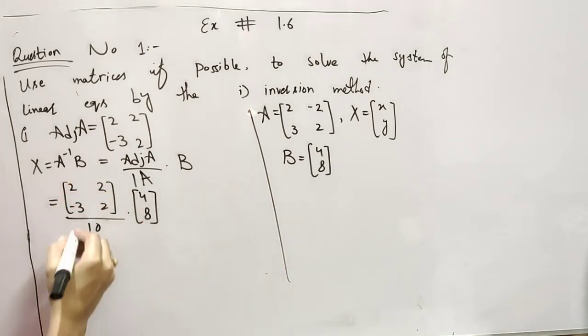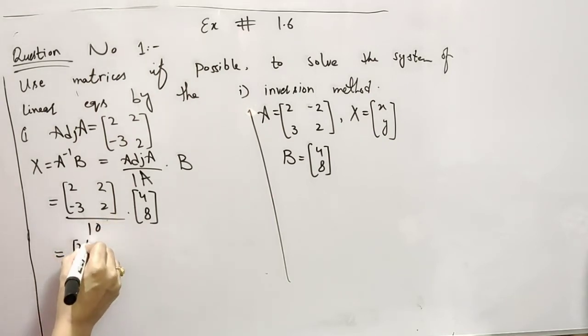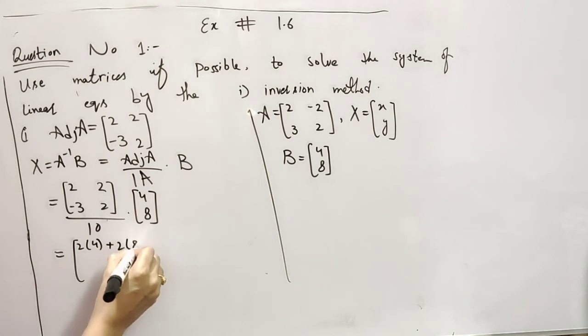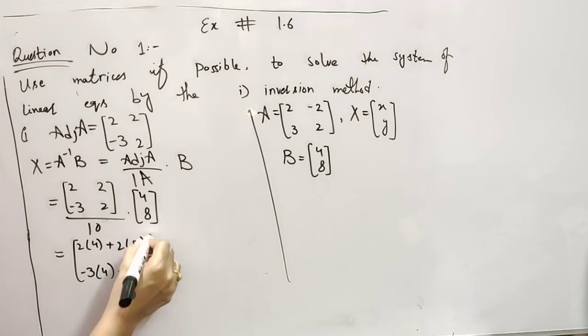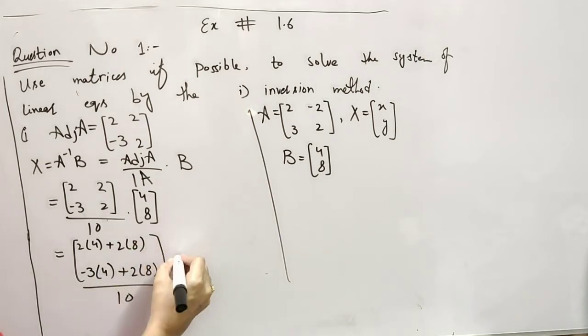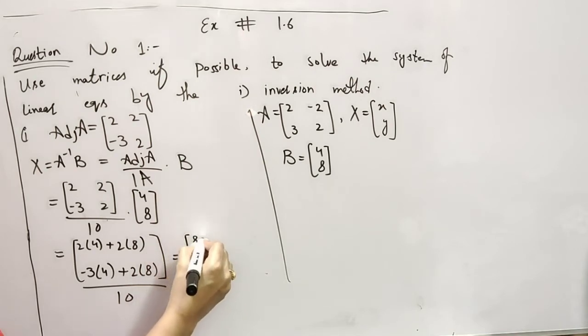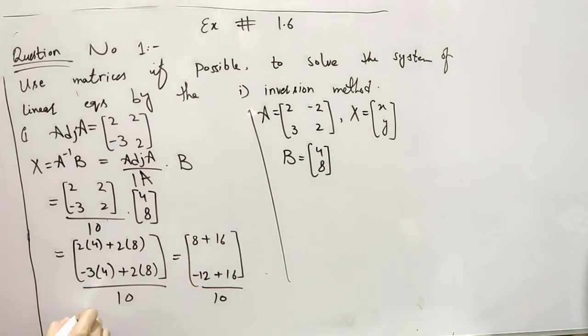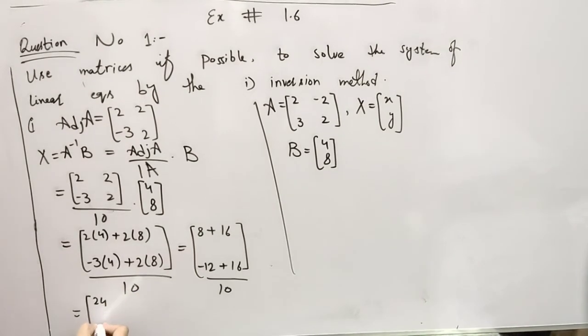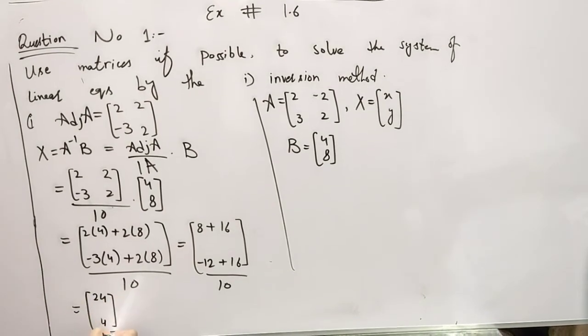Now we multiply both these matrices. 2 into 4 plus 2 into 8, minus 3 into 4 plus 2 into 8, divided by 10. This will be equal to 8 plus 16, minus 12 plus 16, divided by 10, and it will be equal to 8 plus 16 is 24, and minus 12 plus 16 is 4, divided by 10.